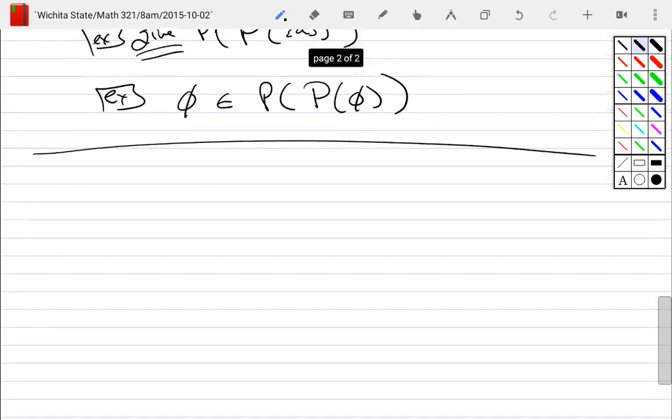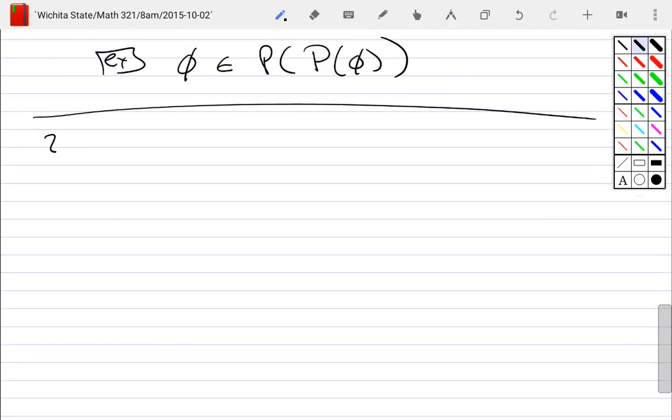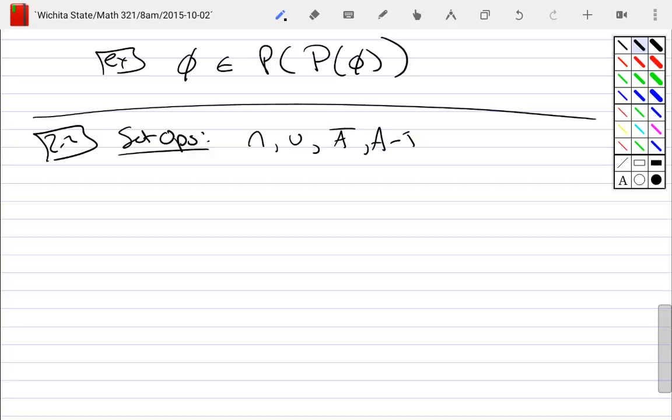All right. Over to 2.2, we get into the actual set operations. The true set ops finally are things like intersection, union, a set's complement, a set's difference. We'll have two problems here.